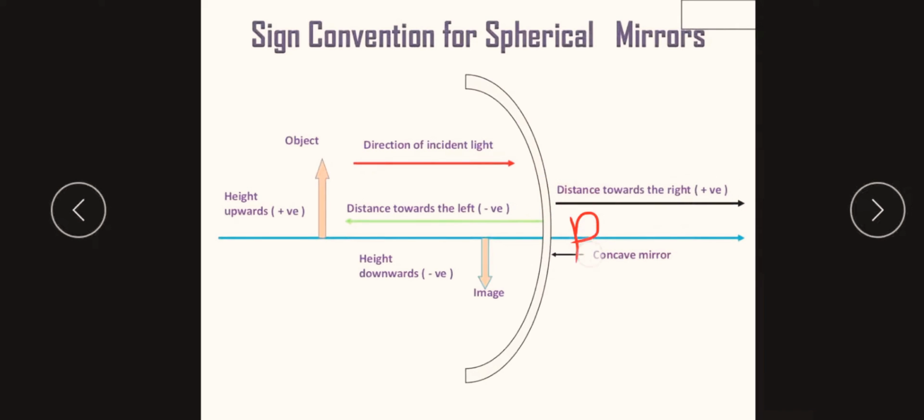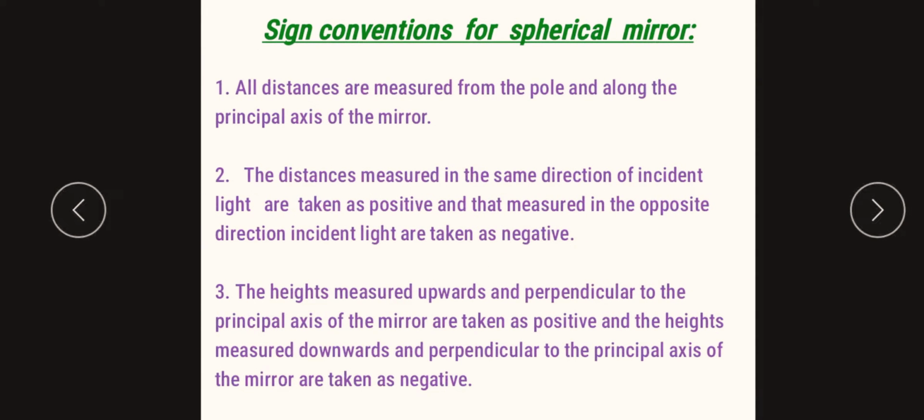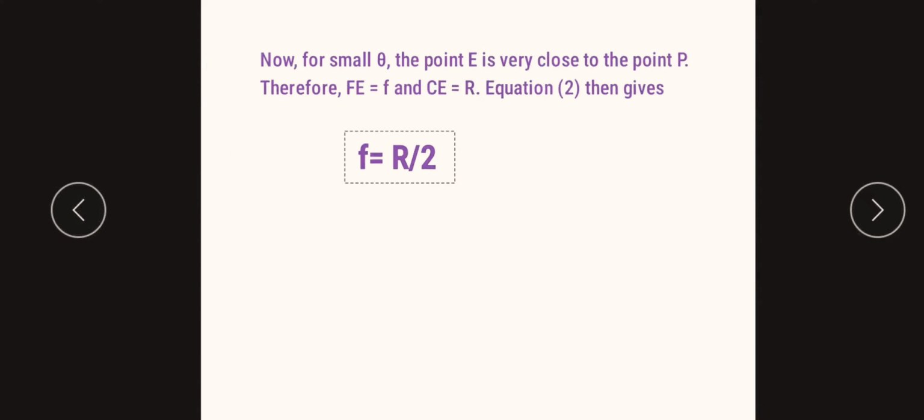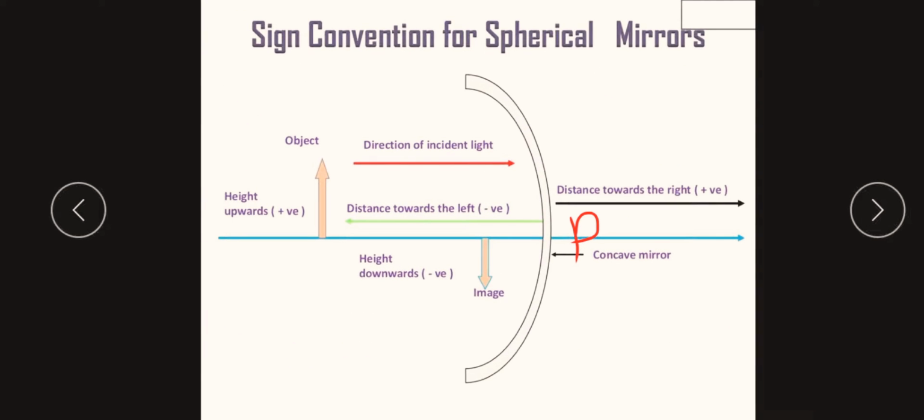And the distances measured in the opposite direction of the incident light are taken negative.